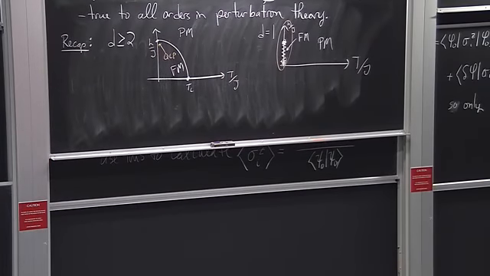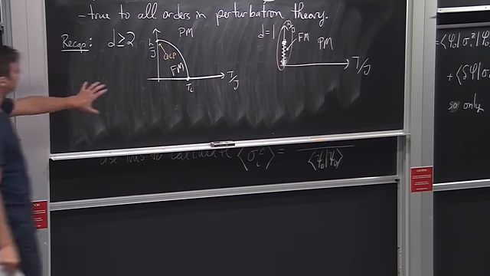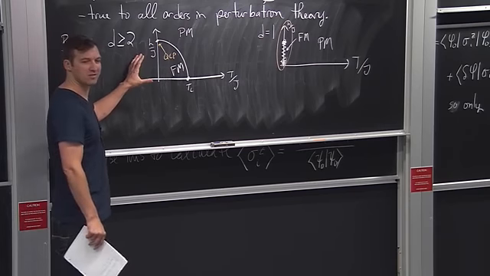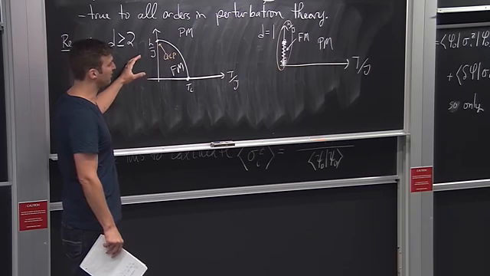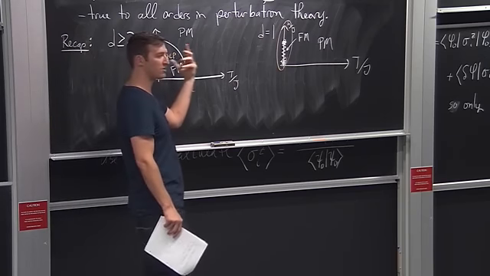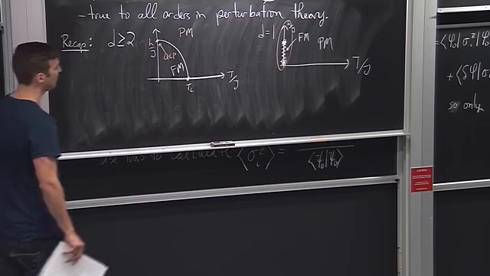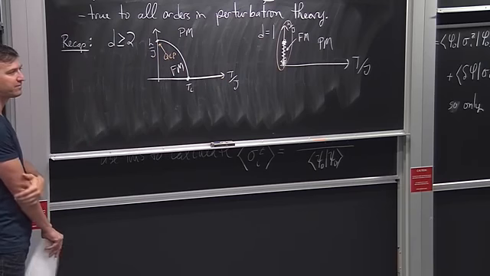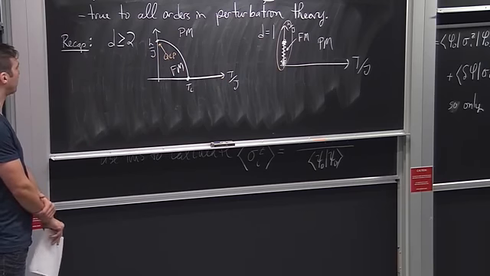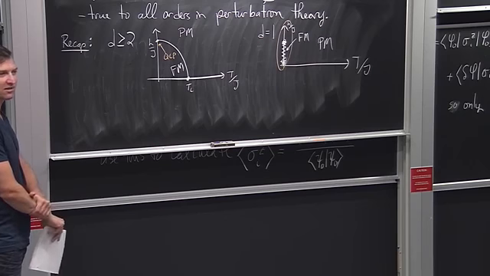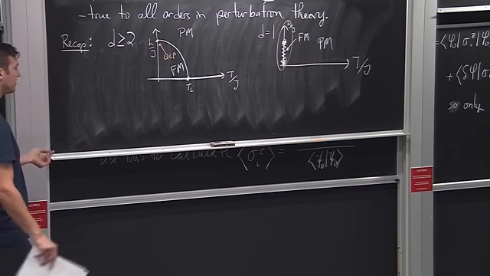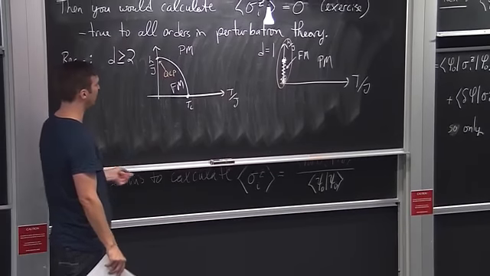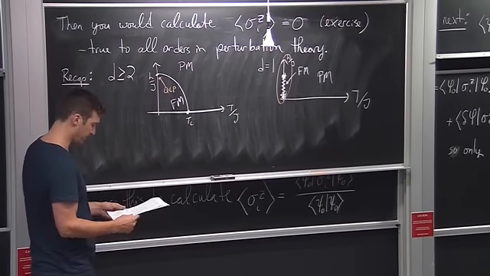And unfortunately, an exact calculation of this phase diagram is impossible. So the equivalent of what you're doing on assignment 1 is impossible for any dimension higher than 1. So we have to either use approximate techniques or perturbation type theories or numerical techniques in order to elucidate this phase diagram.